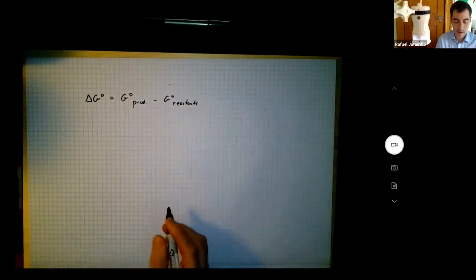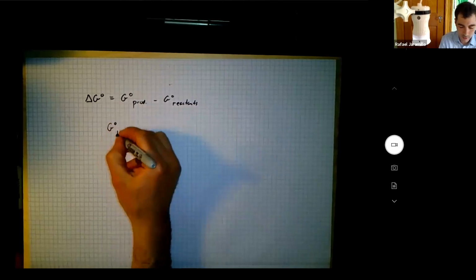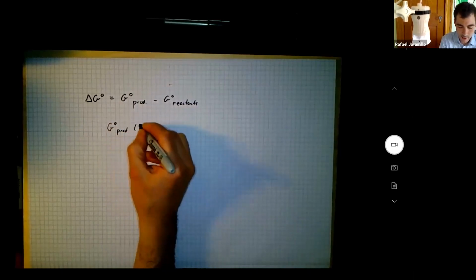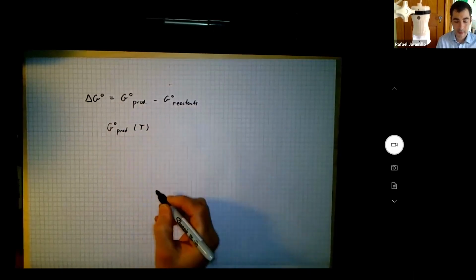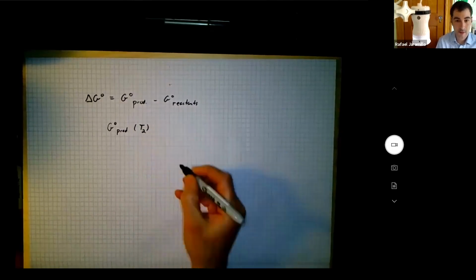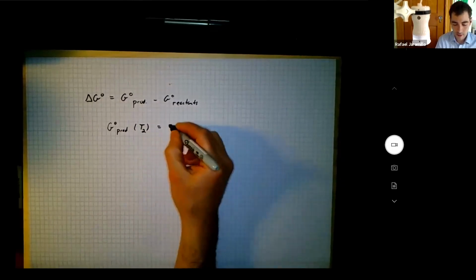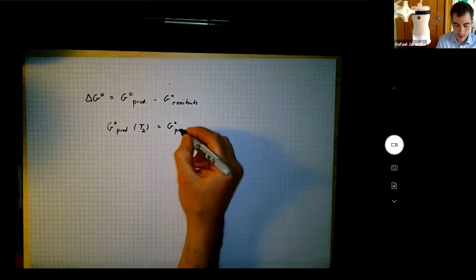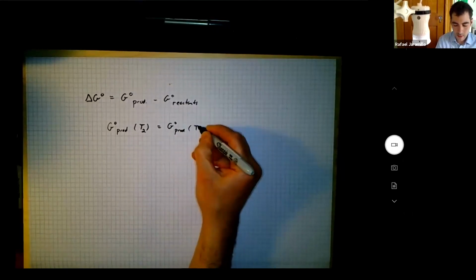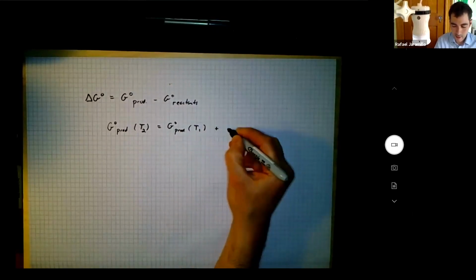So G naught products at some temperature, let's say T2, equals G naught products at T1 plus some integrals.